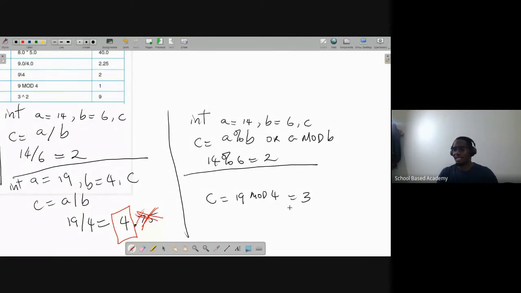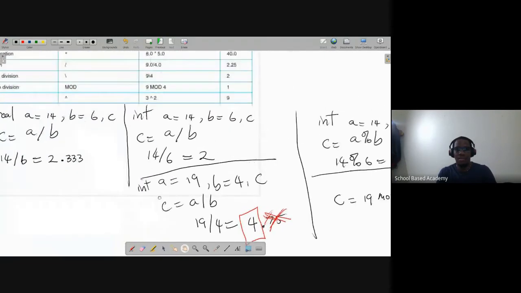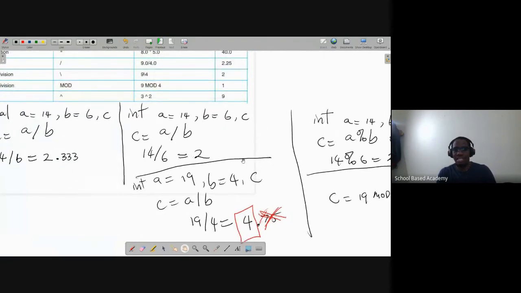Because that is the same remainder that we couldn't keep for the integer. This is 3 out of 4. This is the remainder that we couldn't keep here, which is 2 out of 6, which is where we got that 0.333.